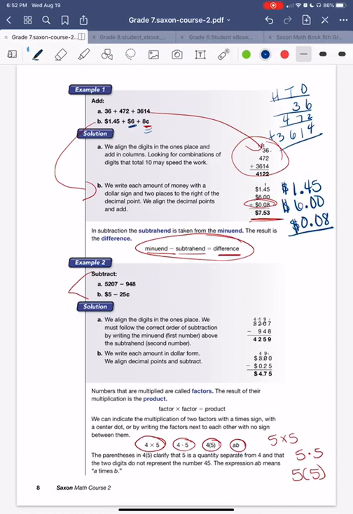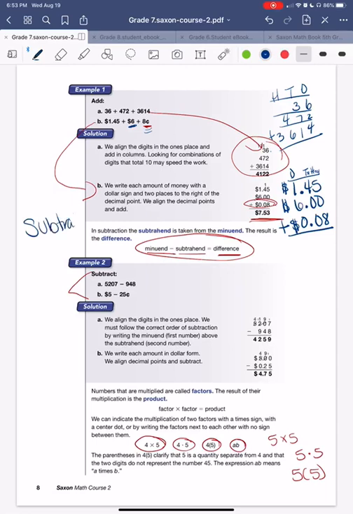Okay. And then once we do that, we have them in the correct place value because they are aligned. And then we can add these up. Okay. All right. And then, like I said, if we line them up correctly and add them up correctly, then our answer will be correct.